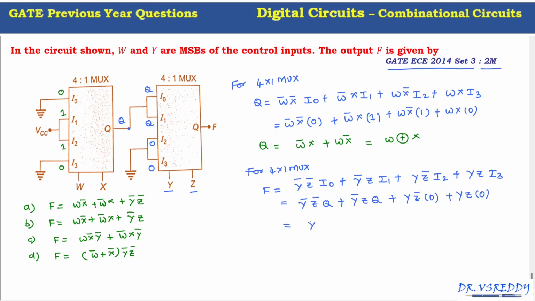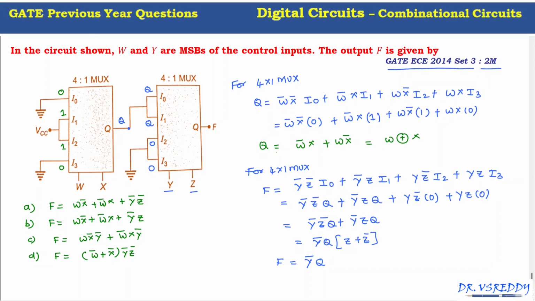So we can write Y complement Z complement Q plus Y complement Z Q. We can take Y complement Q common, leaving Z plus Z complement, which equals 1. So F is equal to Y complement Q.